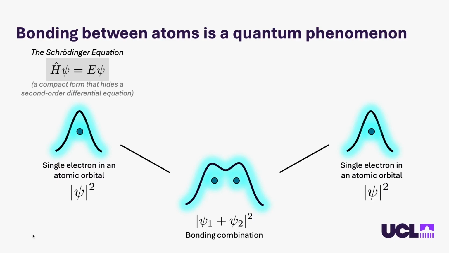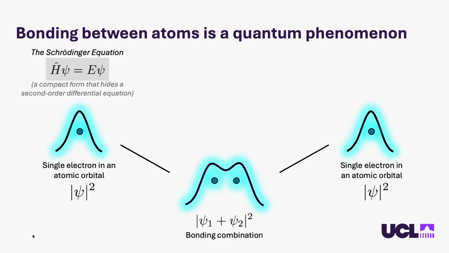That's what we were imaging in the previous image. That big beam protrusion was this charge density that exists between the two atoms. So that's the chemical bond. Without quantum mechanics, we can't describe chemistry. We can't describe bonding. But bonding comes from quantum mechanics.